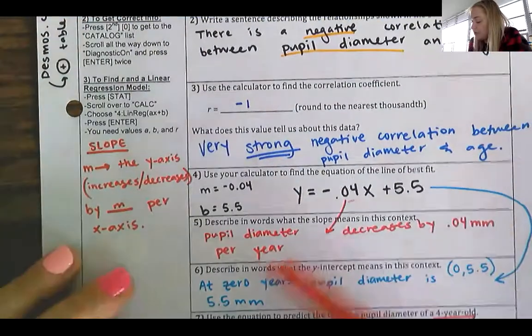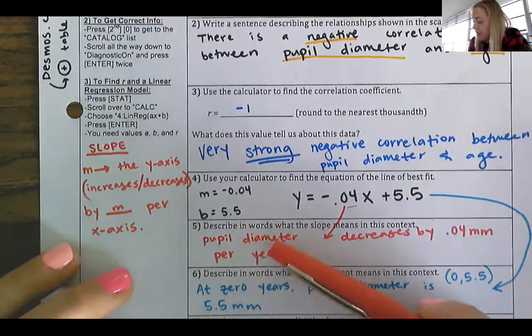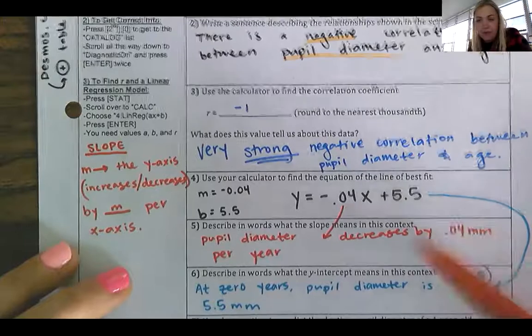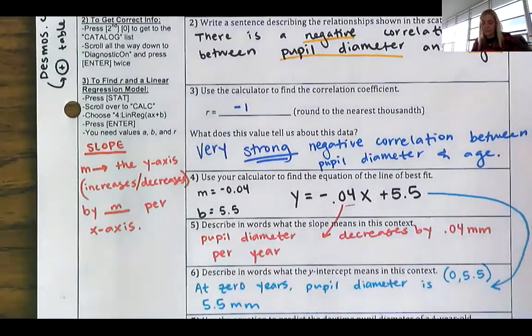So this is like a general rule for how you write this. So on here, our y-axis was pupil diameter. So we said pupil diameter, and since it was negative, it decreases by our slope number per x-axis, which was year here.